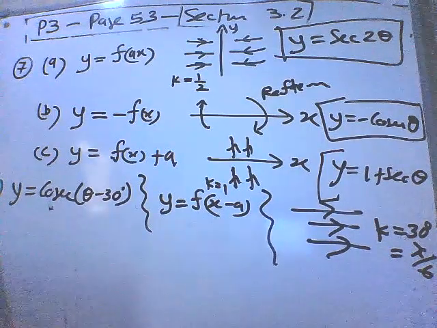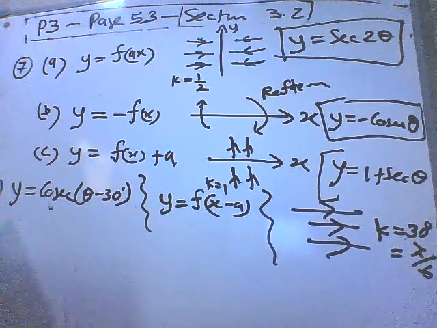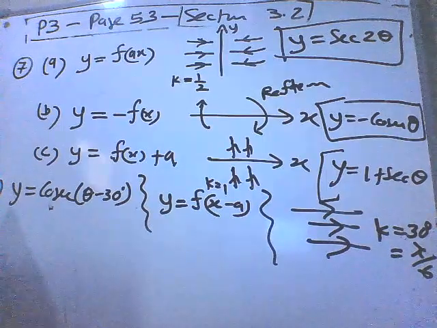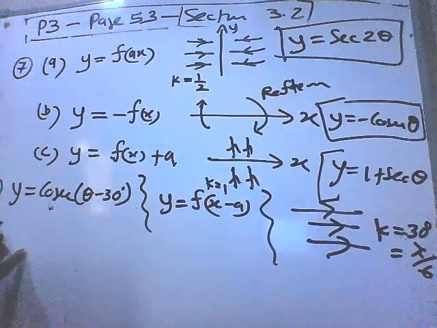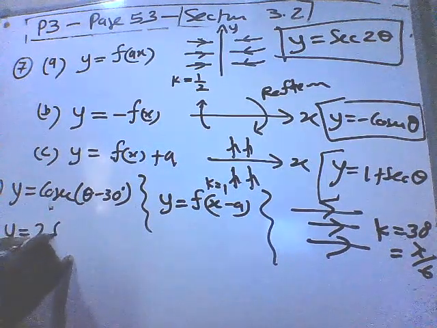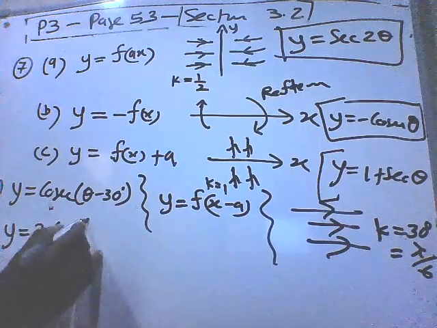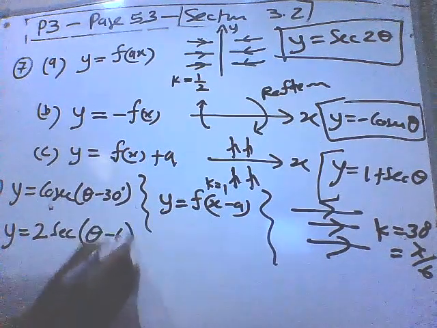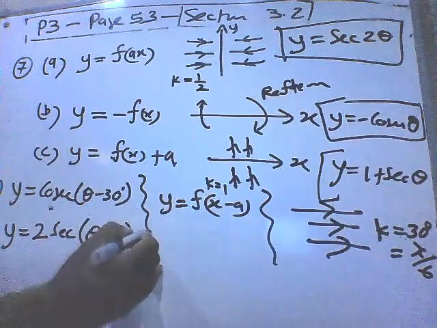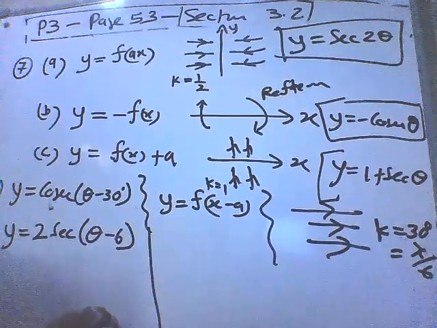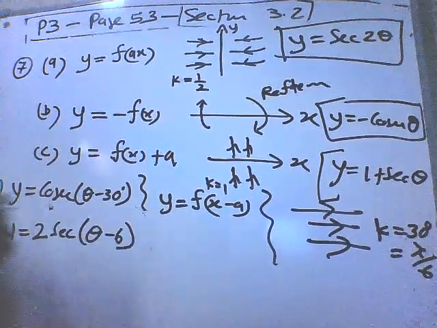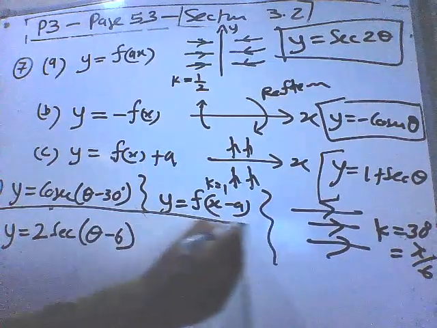E is actually y equals 2 sec of theta minus 60. So here two transformations are going to happen.